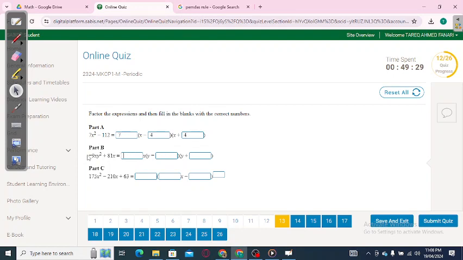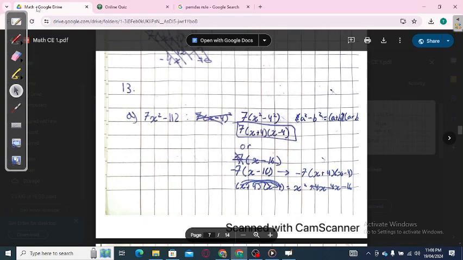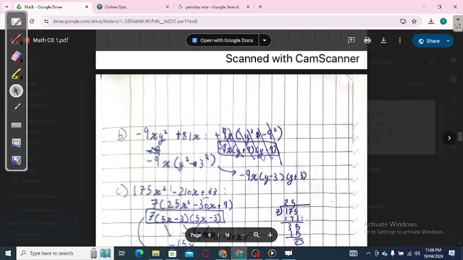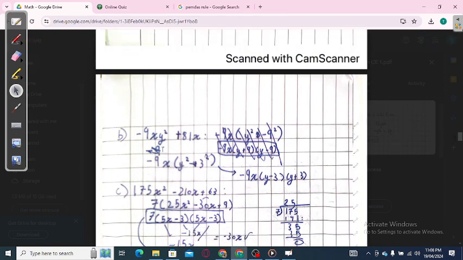Now, this one is the same thing, but again, there is the negative 9. So you put down a negative 9 as the factor, and there is an x on both terms, so you take out the x as a factor. So your greatest common factor should be negative 9x, which it is. Then you divide.